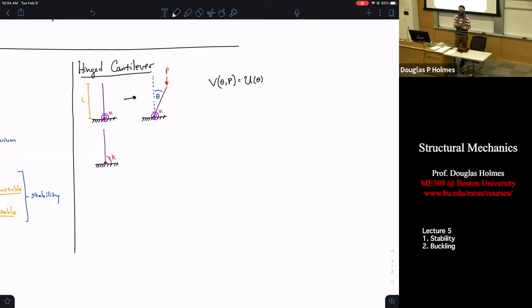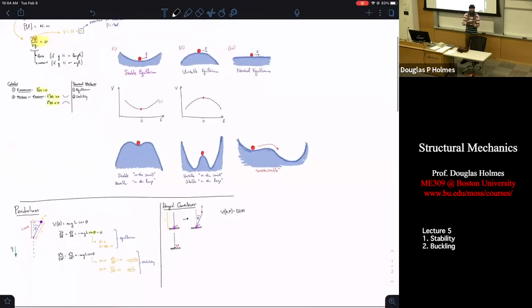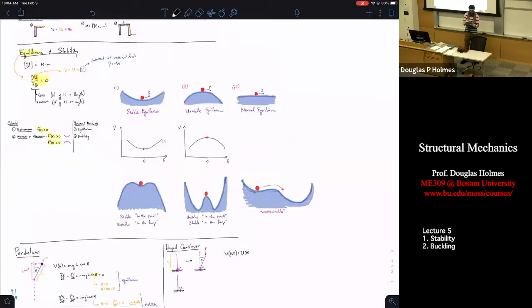Now, we know that to calculate the total potential energy, we need to take the strain energy and add the potential of the loads, which is another way of saying that the potential is the opposite of the work being done, so we subtract the work.